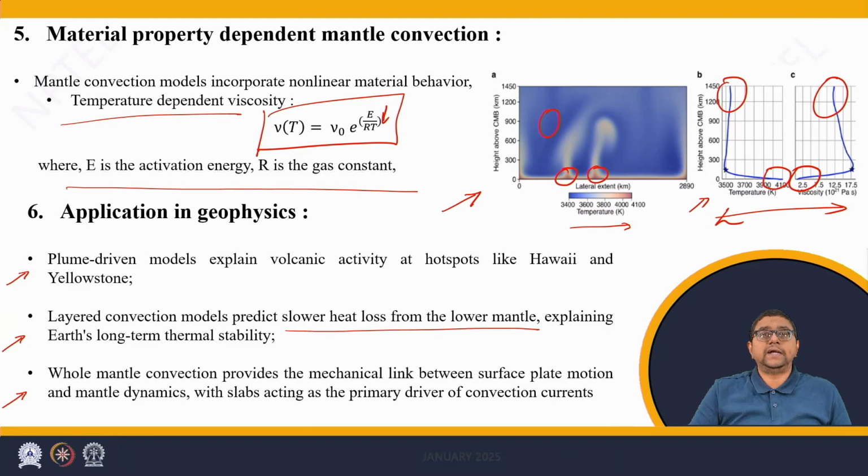Lastly, the whole mantle convection model. It provides the mechanical link between the surface plate tectonic motion and mantle dynamics. It is only the motion of mantle convection which drives plate motions. The whole mantle convection model provides good results and estimates for the plate motion with mantle convection dynamics.